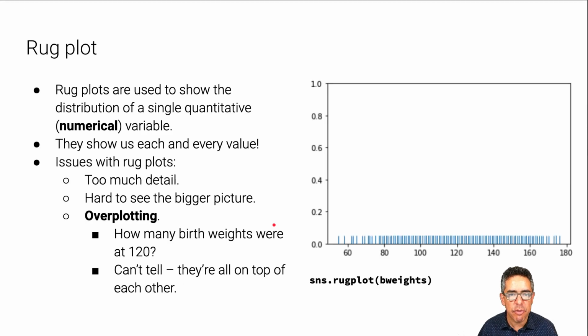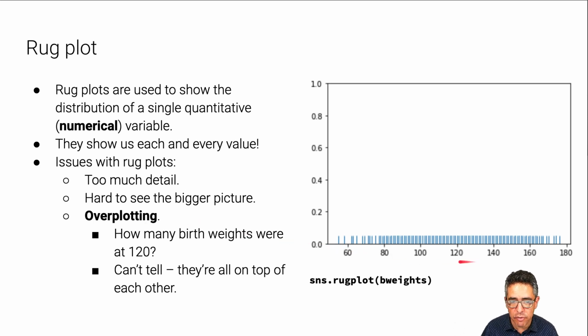The problem with rug plots is that they're not by themselves particularly easy to extract too much information from. They tend to be useful as part of another figure. First of all, they make poor use of the entire plotting area, but they also tend to lead to a phenomenon called overplotting.